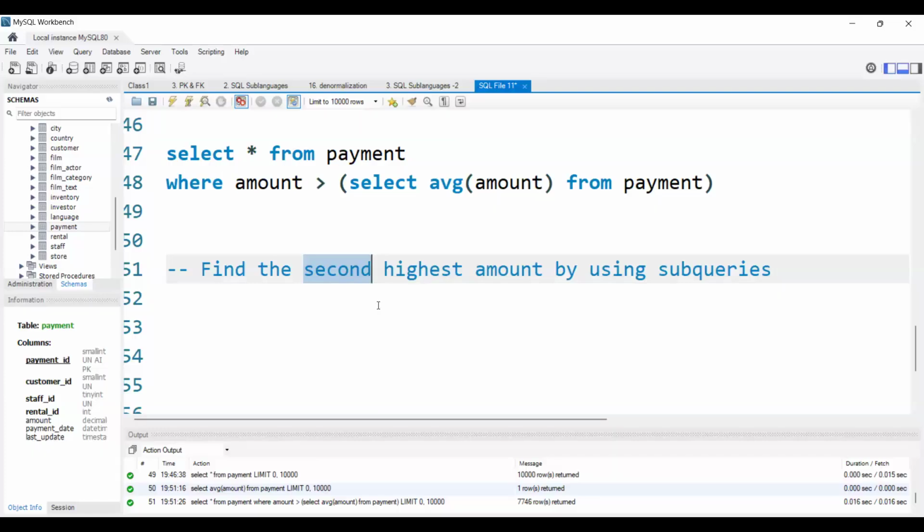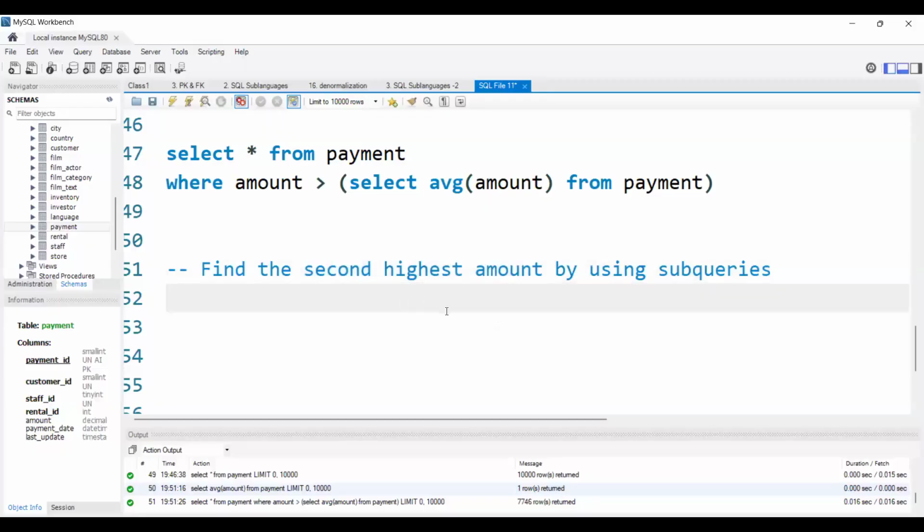To get the highest amount, what will we use? No, no, we need to use the order by clause along with the limit clause, right? First we sort the data in descending order, then we get highest to lowest. Then to get the second highest one, whatever you said is correct: limit 1 comma 1.